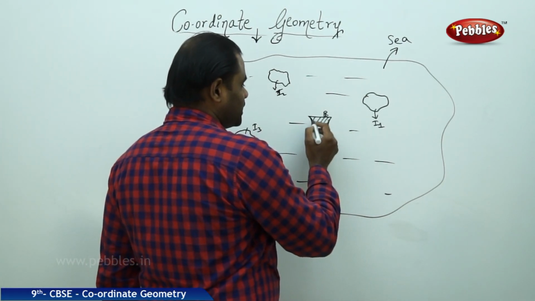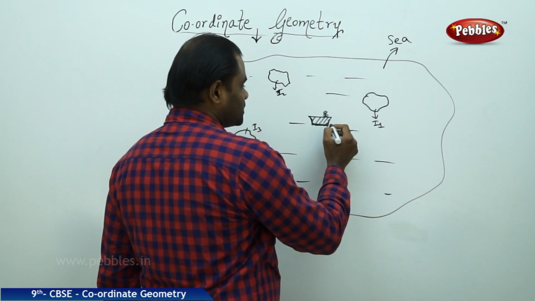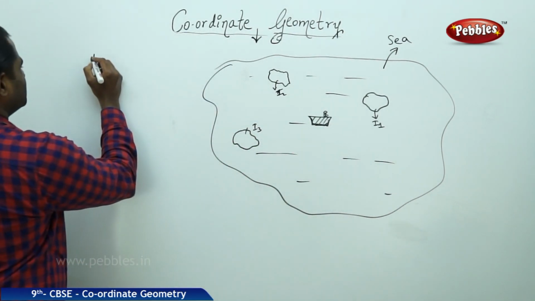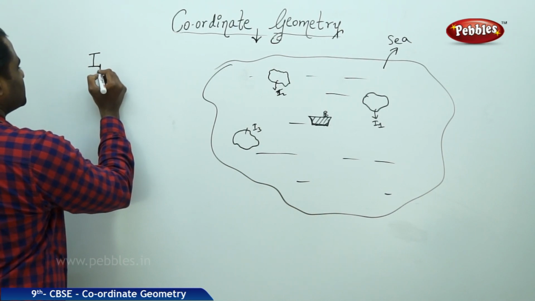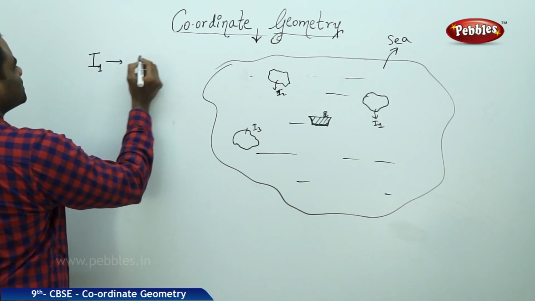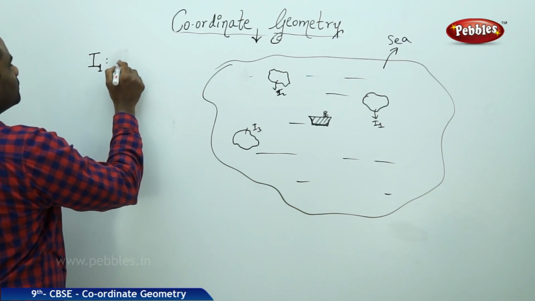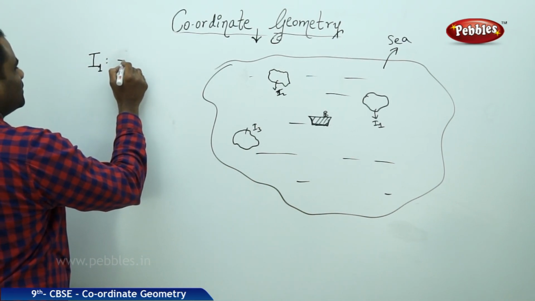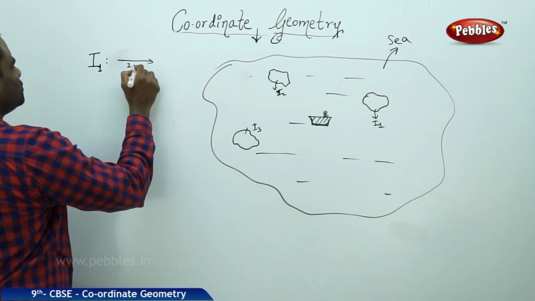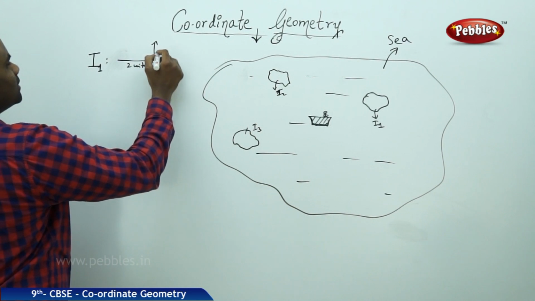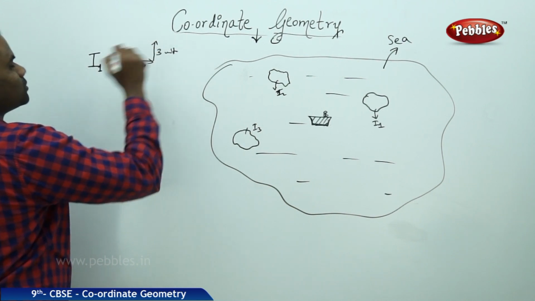Say the person in the ship estimates that island 1 is two units to the right and 3 units to the top.